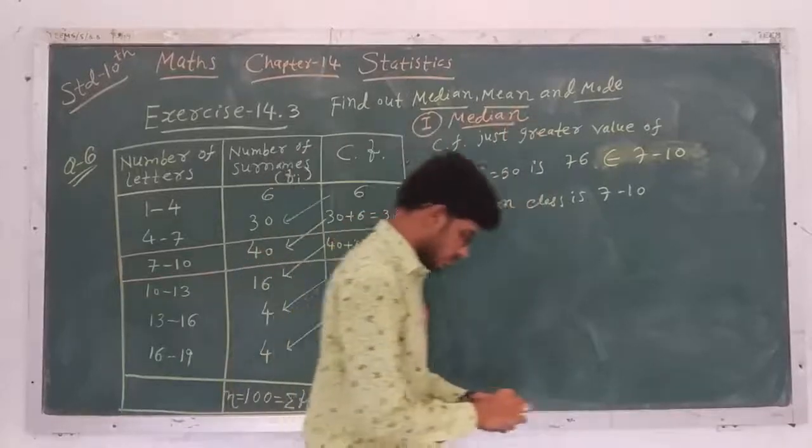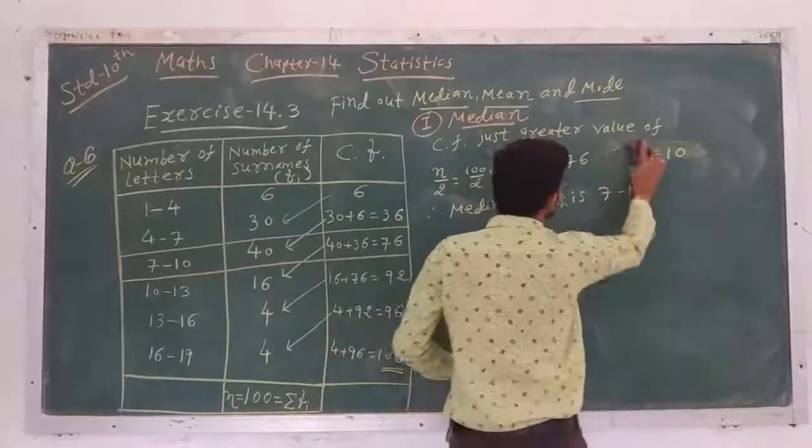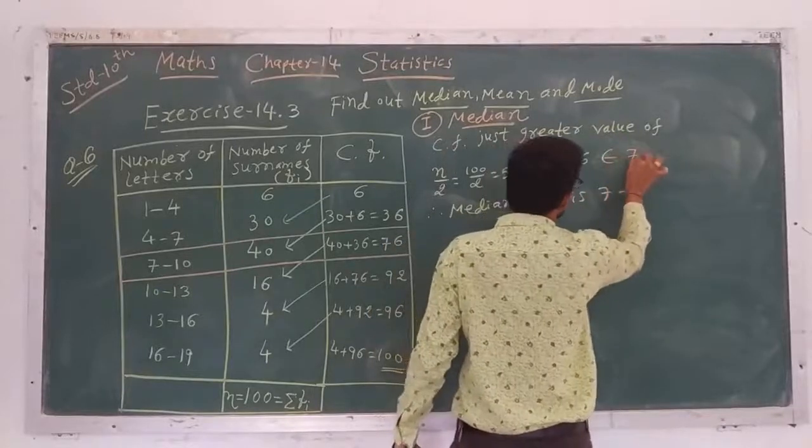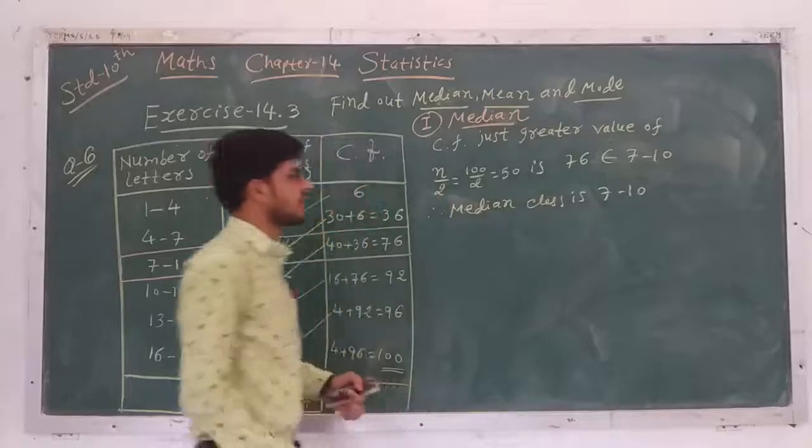Here we write down clearly: 76 belongs to 7 to 10. Therefore, the median class is 7 to 10.